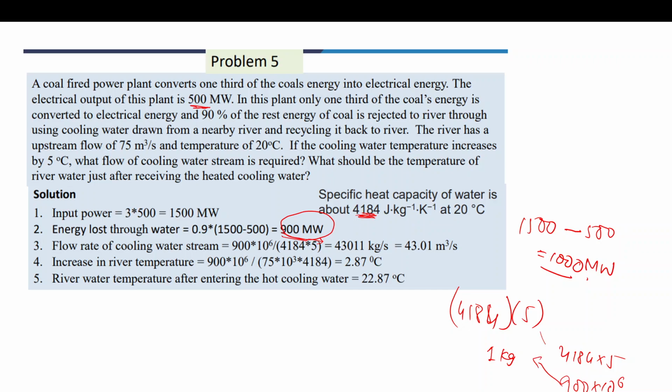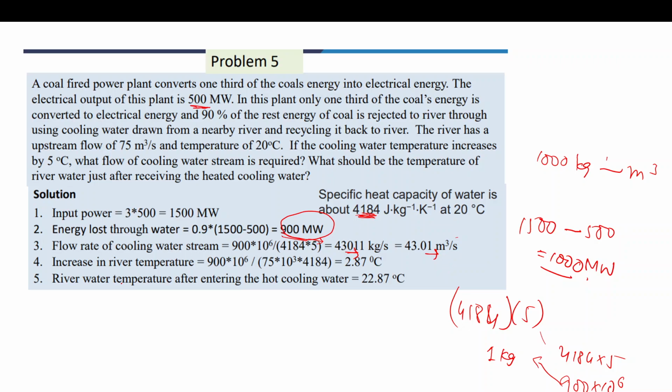Cross multiply this and you get the answer. To convert it into meter cube per second, use the density of 1000 kg per meter cube, so dividing by 1000 gives 43.01 meter cube per second.